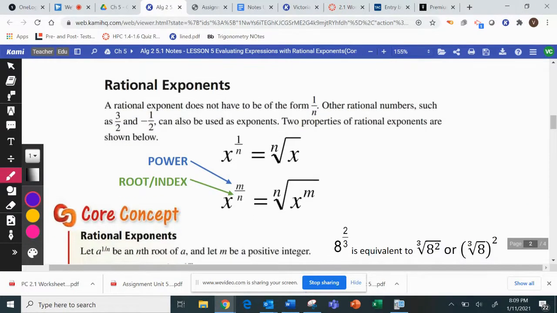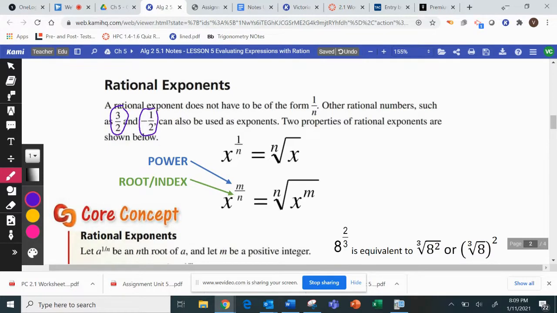Rational exponents do not have to be in the form of 1 over a number. They can be more complicated fractions like 3/2, or they could be -1/2. So we could use all kinds of different fractions for these.